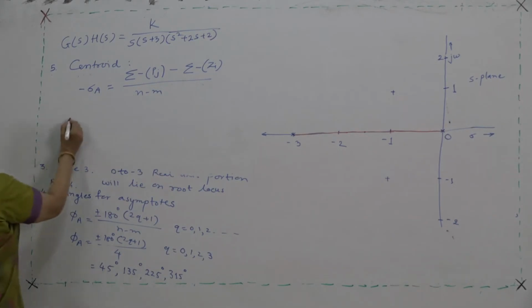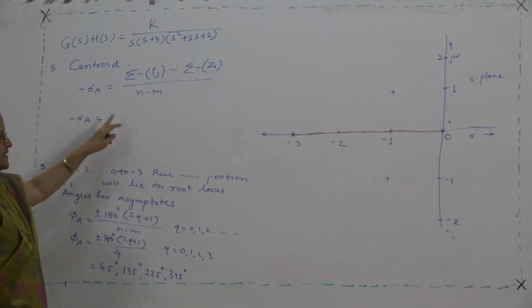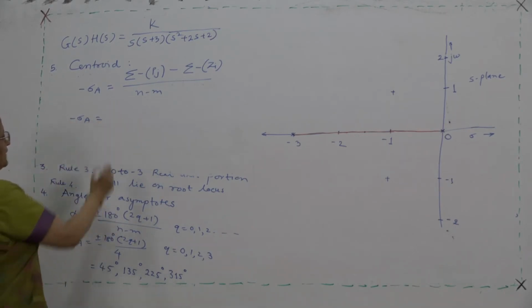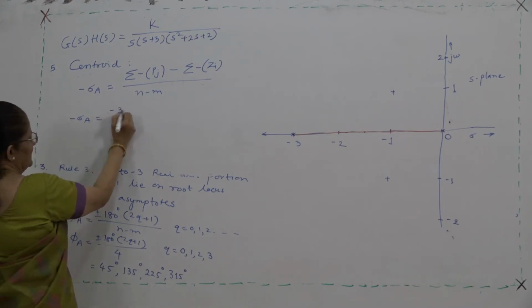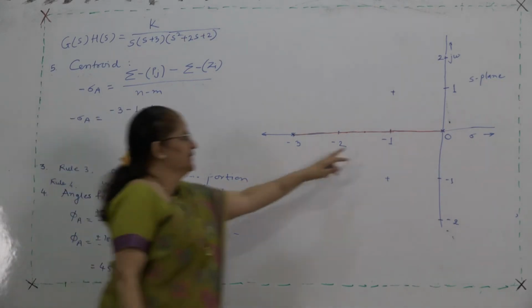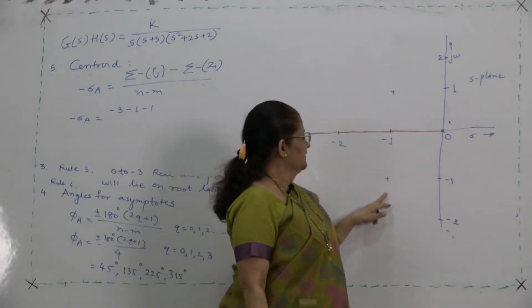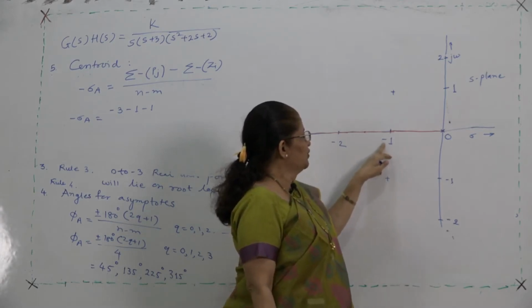Minus sigma A is equal to, where the poles are lying: 0, minus 3, and minus 1 plus j 1, minus 1 minus j 1. The real part is minus 1 for 2 poles.